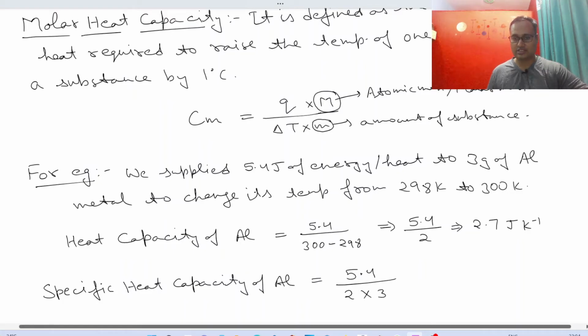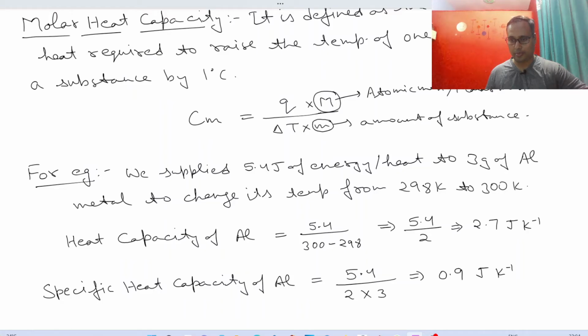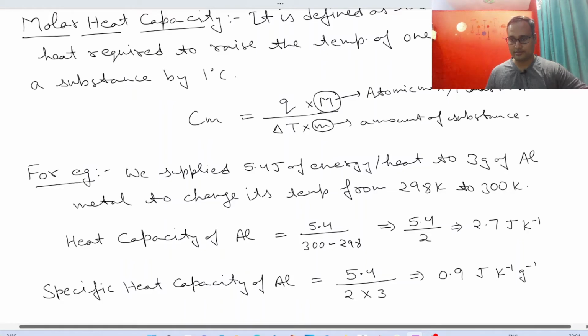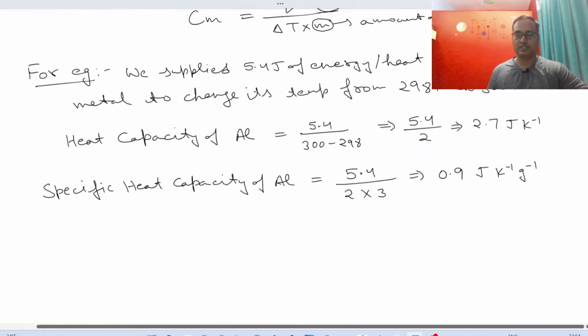So it comes out to be 0.9 joule per Kelvin per gram. So this is the specific heat capacity for aluminium.